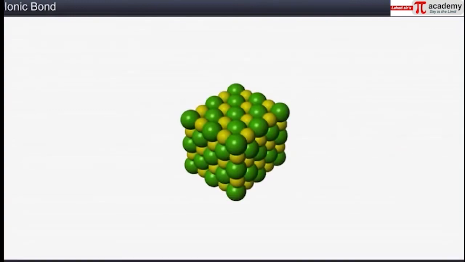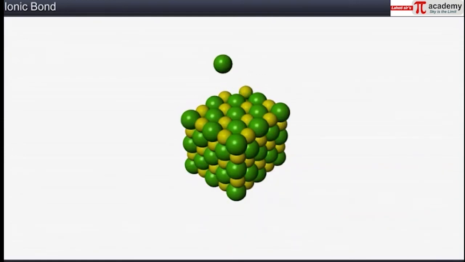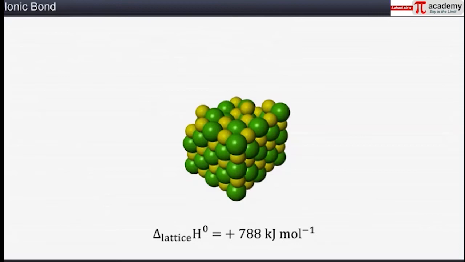For example, the lattice enthalpy of sodium chloride is 788 kJ per mole. This means that the energy required for the separation of 1 mole of solid sodium chloride into 1 mole of gaseous sodium ion and 1 mole of chloride ion is 788 kJ per mole.